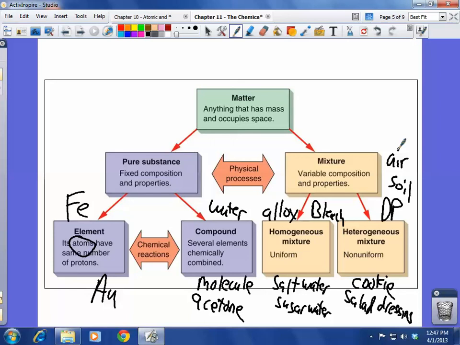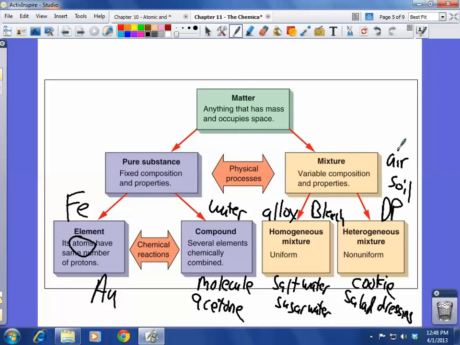Really most of the stuff around us is going to be a heterogeneous mixture of different particles. Even this tabletop, I can see the different grains in it. That's a heterogeneous mixture. My shirt, even just the dye with different colors, is a heterogeneous mixture. Same with anything.